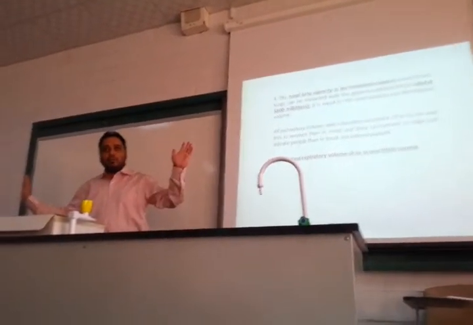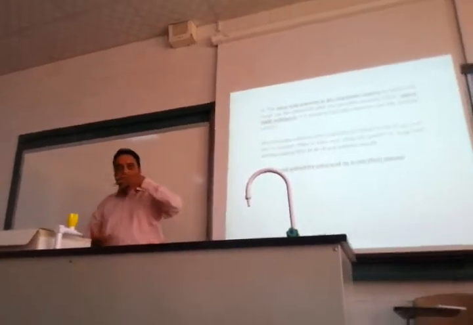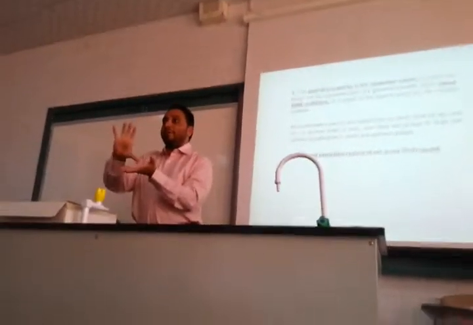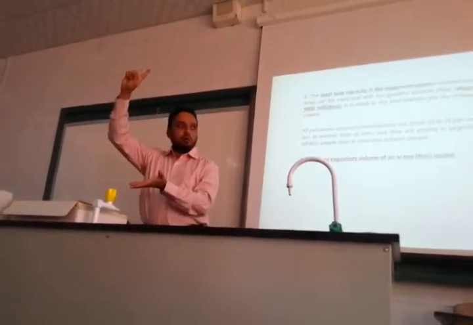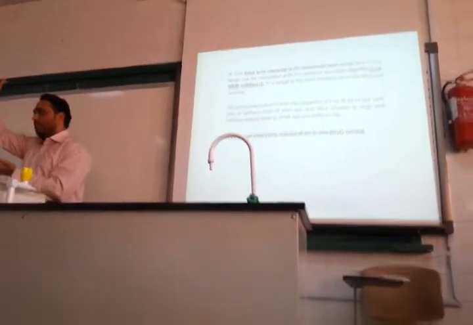Total lung capacity, from zero, includes the residual volume. Why do we include residual volume in this? Because we are calculating the total amount of air that can be filled in the respiratory system of a person.